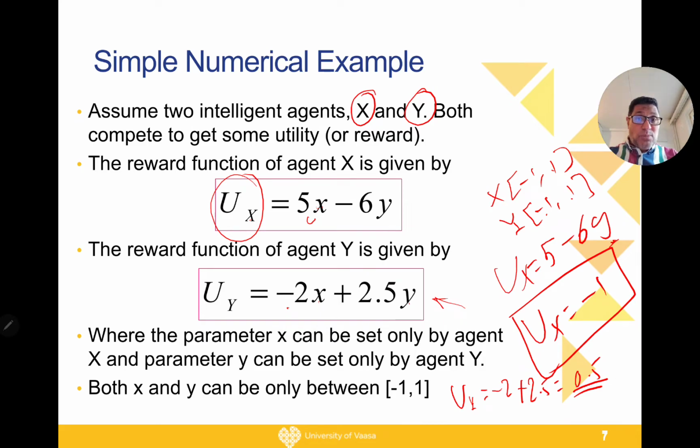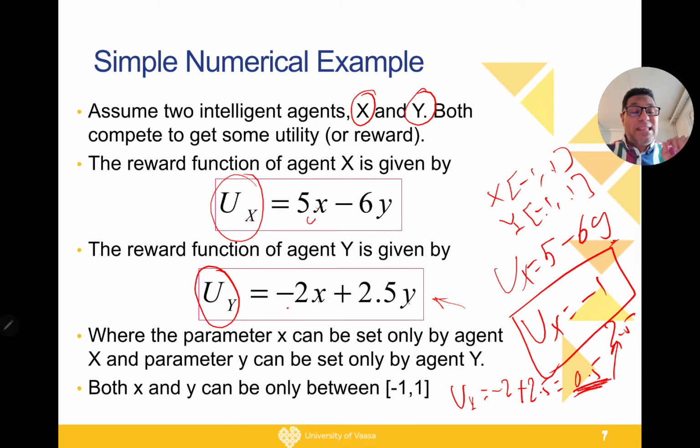But do you think that this is possible? Under what condition should this happen? Actually, Y will sacrifice if they accept such an offer, because they have the opportunity to get 0.5. There is another thing here. If X decides to reduce from 1 to 0, Y can exploit this opportunity and put Y equal to 1, and in this case Y will jump from 0.5 up to 2.5.